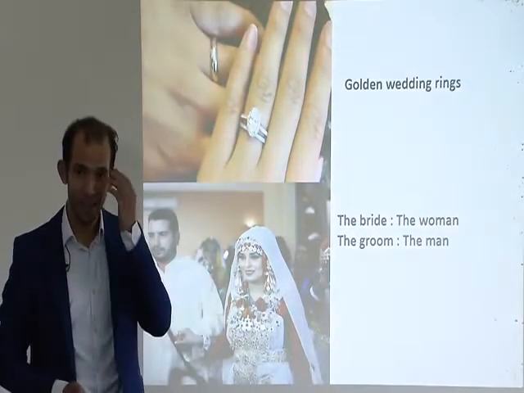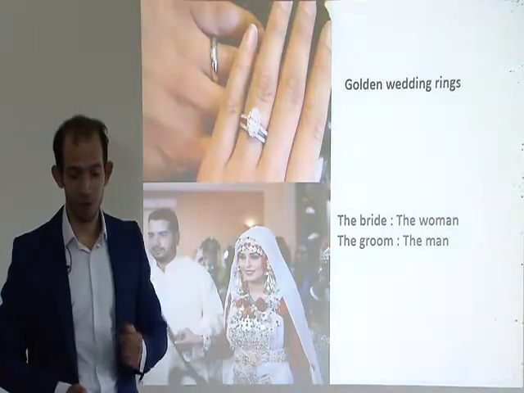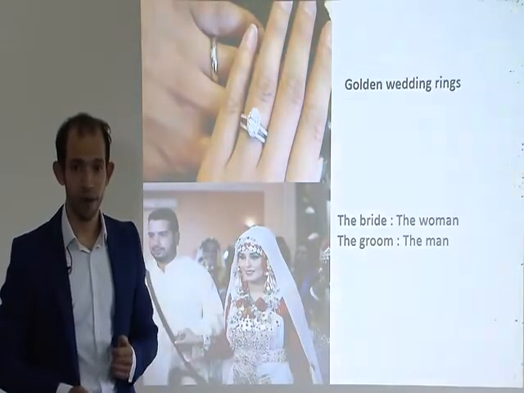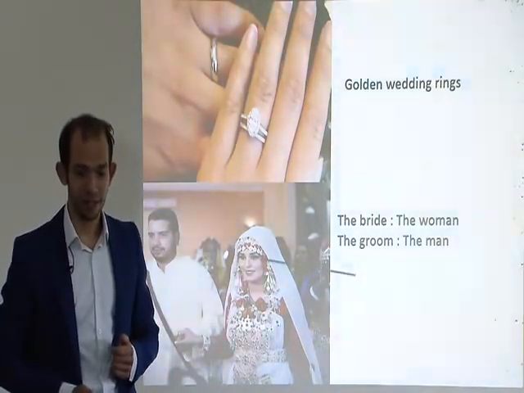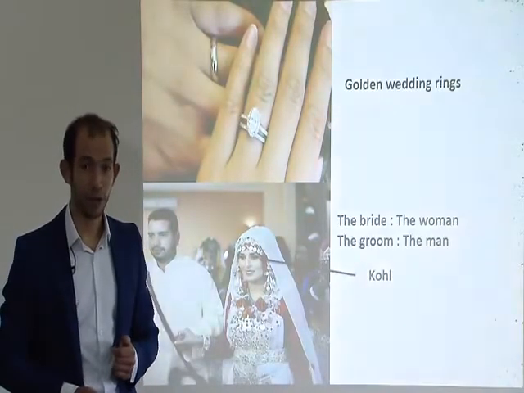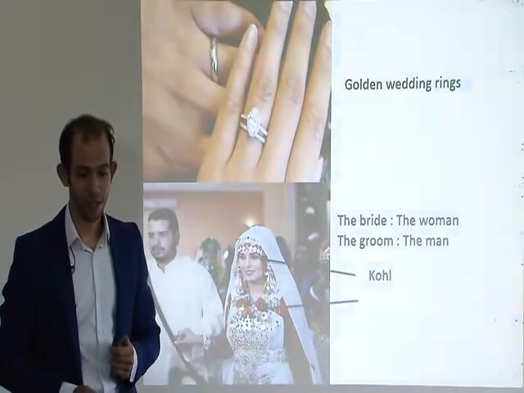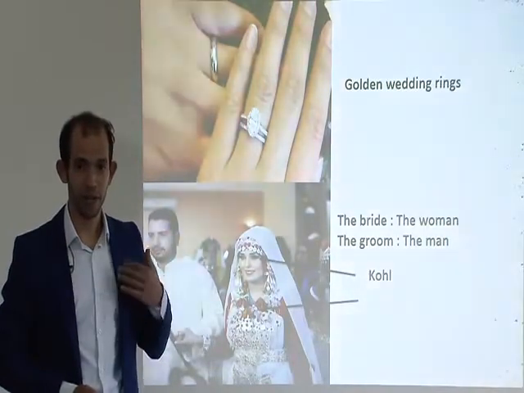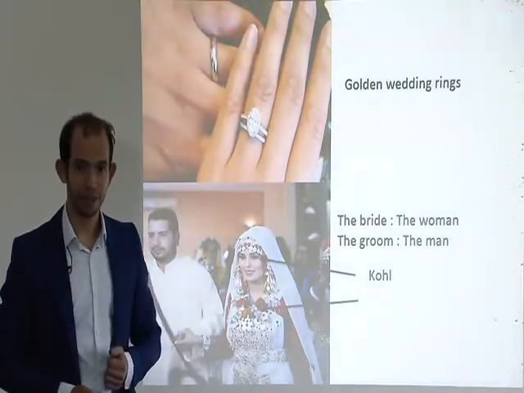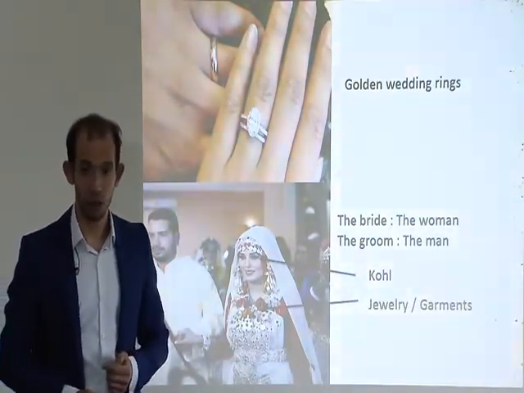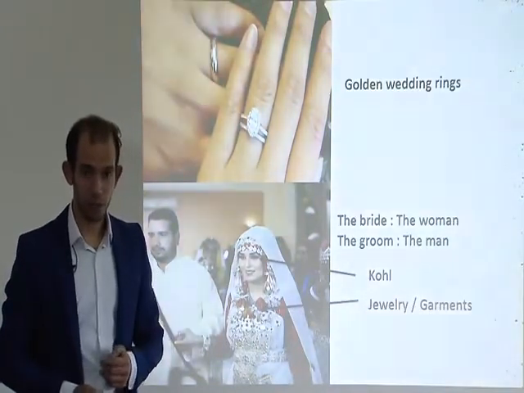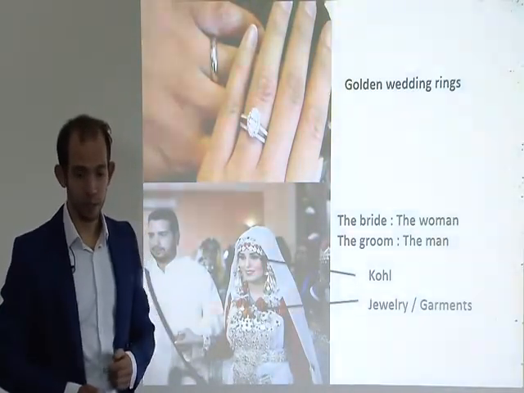So look at the eyes of the bride. What is she wearing around them? She's wearing gold. And what is she wearing here around her neck? These are jewelry or garments special for a wedding party.